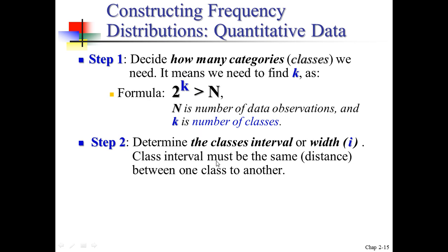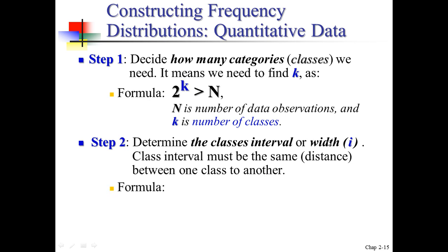So the class interval must be the same number, the same distance, the same gap from one class to the other class. Every class in our table must have the same distance from one class to the other.